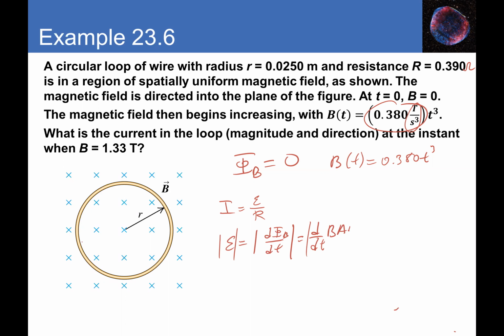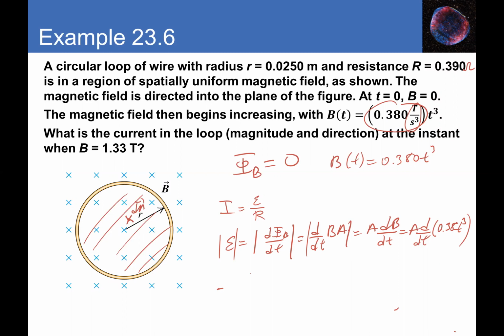The magnetic field is perpendicular to the plane, and the area vector A is also perpendicular to the plane, so they are parallel and theta is 0 degrees. So it's just B times A. But B is changing, so this becomes A times dB/dt, or A times d/dt of 0.38 t cubed.